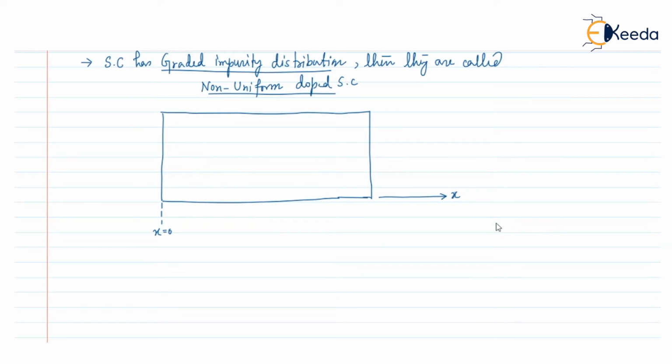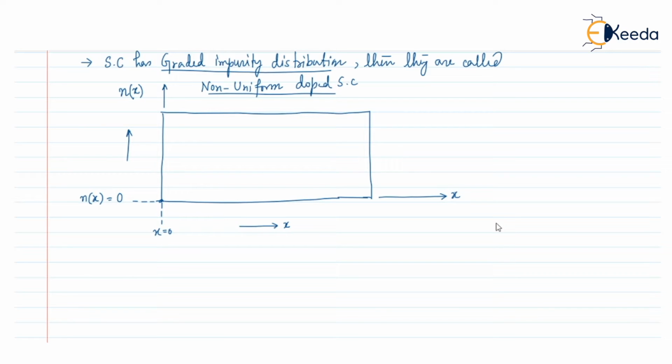In the y-axis I am giving the value of impurity concentration with respect to x. So this is the impurity concentration N(x), varying along the y-axis, while x varies along the x-axis.